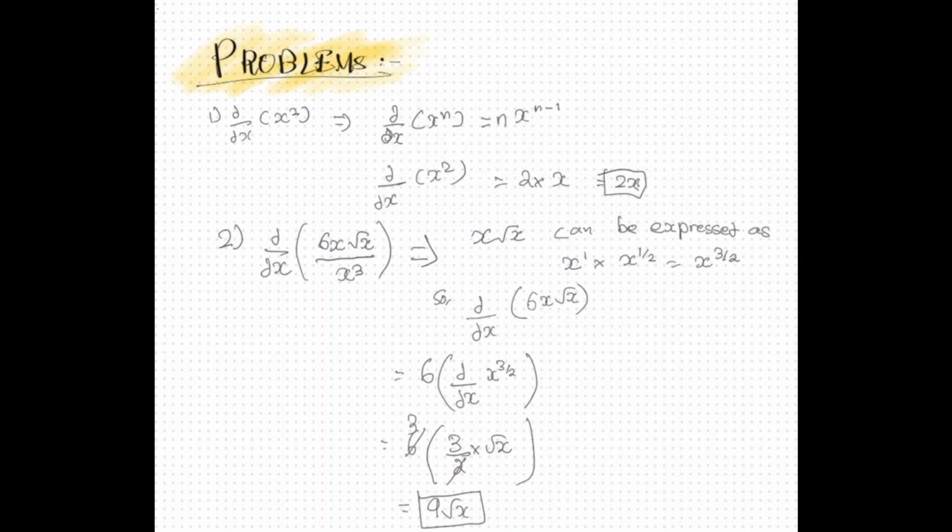So differentiation of 6x root x equals, taking out 6 because it's just a constant, 6 times d by dx of x power 3 by 2. Now applying the rules, n is equal to 3 by 2. So 3 by 2 into root x, because it's subtracting 1 by 2, which gives root x. And you cancel out here. So you get 3 into 3 into root x, which is equal to 9 root x.